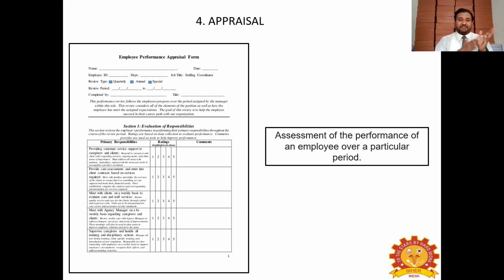So as I said, if it is once in 2 years, the performance of this employee for the first 2 years will be analyzed. If the appraisal is once in 3 years, the performance of a particular employee in an organization for 3 years will be analyzed, evaluated, and accordingly they will be given an increment or additional benefits. So this is the fourth step called appraisal.